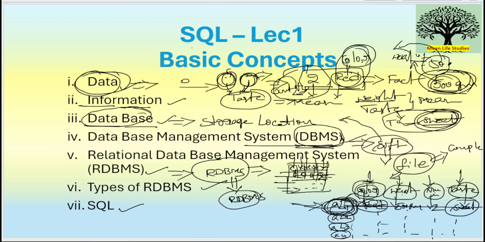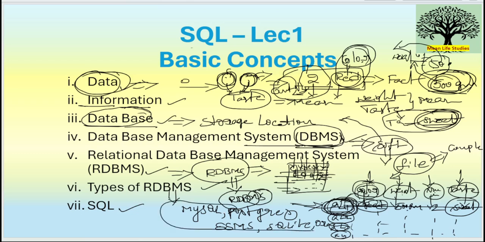Sorry, RDBs, relational databases, and the software that we use is the Relational Database Management System. Now we have different types of relational database management systems. Those are MySQL, Postgres, and SSMS, SQLite, Oracle, and many more.